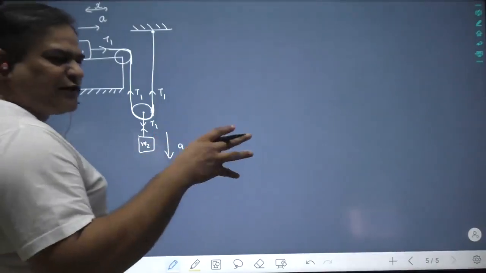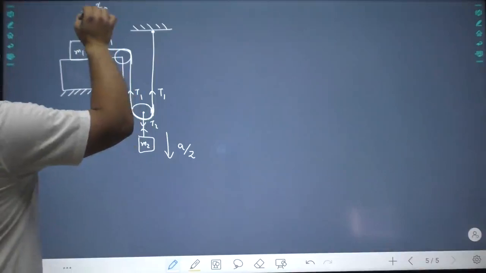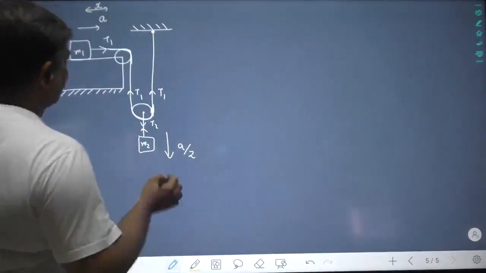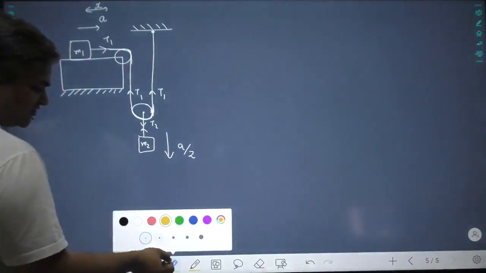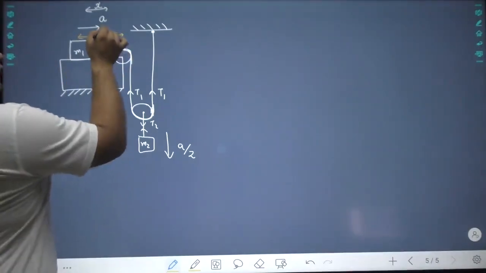Now I will tell you a simple method for this. A very simple method. Please understand. Let us take this distance as X from here.